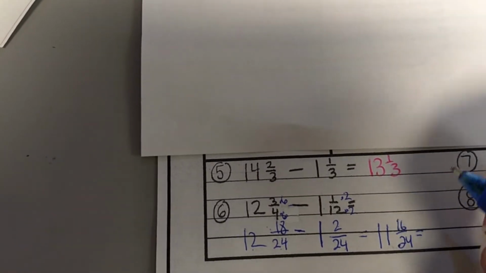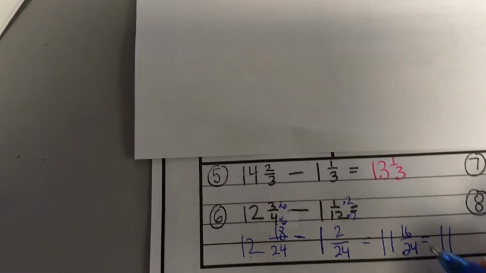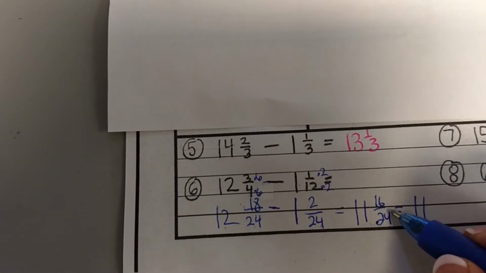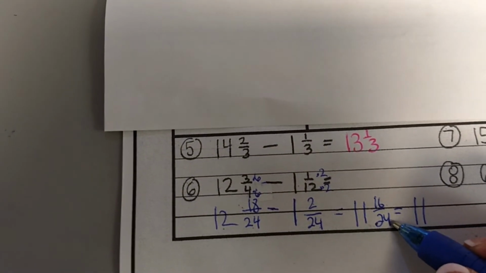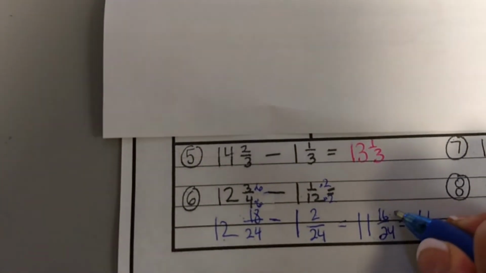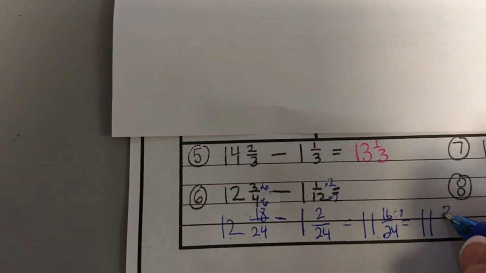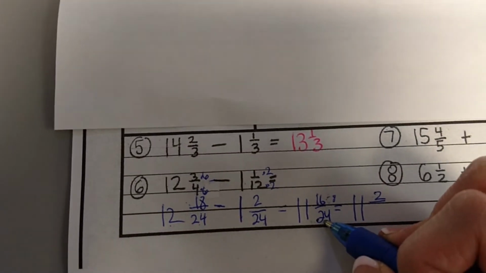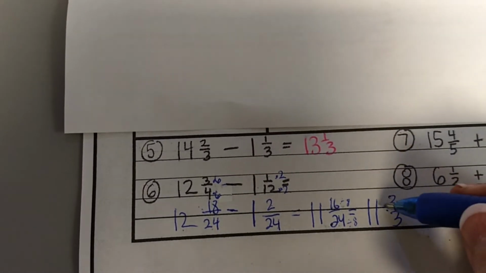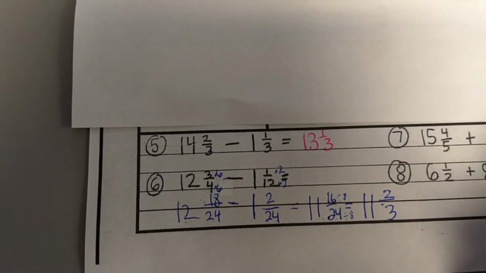So let's think. I know it's going to still be an 11, but what does 16/24ths simplify to all the way down? I'm going to go ahead and divide it by, let's see, 8 goes into both. So 16 divided by 8 is 2, and 24 divided by 8 gives me 3. So we get 11 2/3 as our answer.